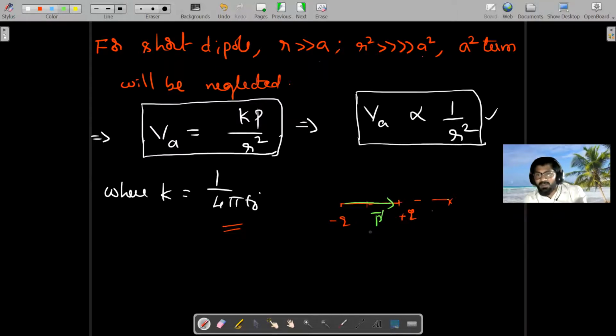We will try to recollect this point again while calculating potential at any arbitrary point. Keep this in mind: when you are finding the potential at any point lying on a line along the same direction as the dipole moment, we get kp by r square.